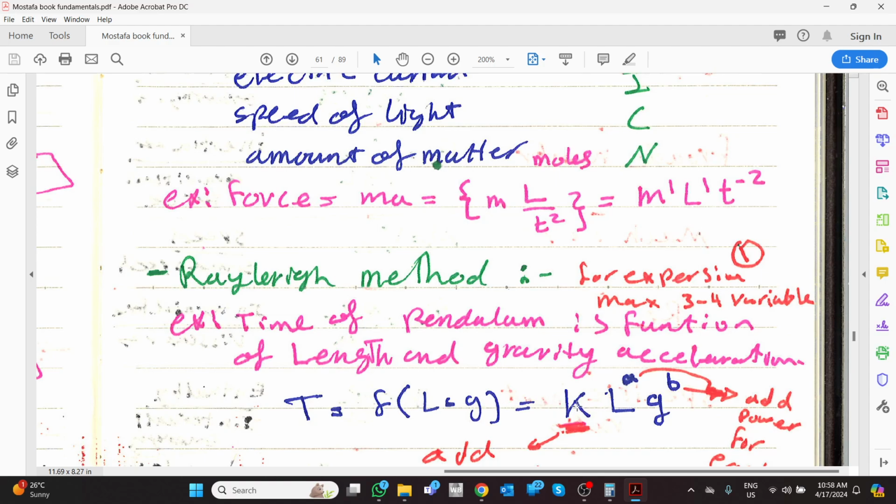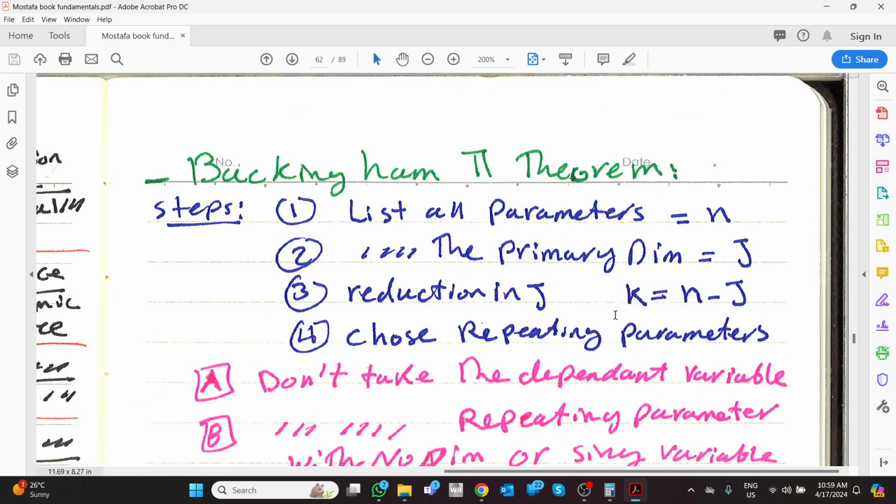You have a lot of parameters. You will select repeating parameters, which means the primary parameter is a function of the repeating parameters multiplied by the remaining parameters to a power. In the example, we will understand.